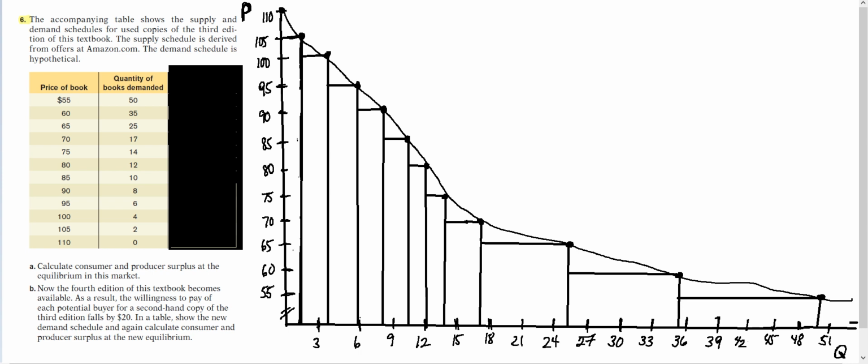Now, if I were to take the extra leap and assume that you could consume infinitely small increments of the book at infinitely small increments of the price, then I would get this smooth curve that I have drawn connecting these dots.